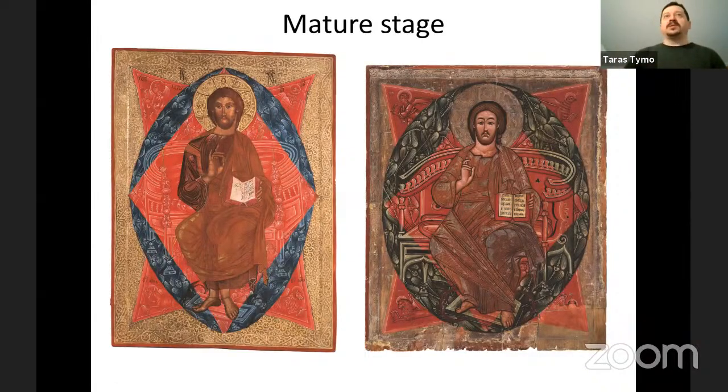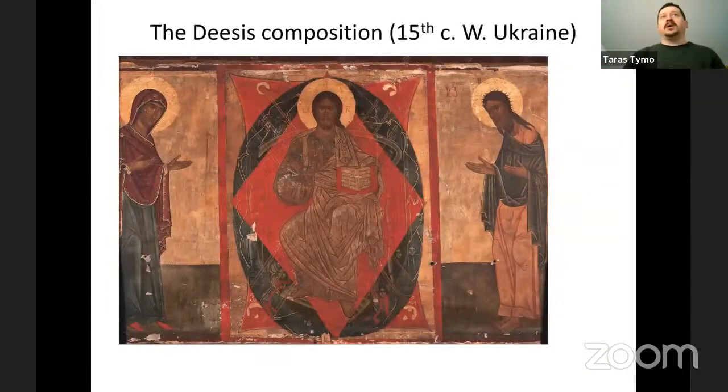The inscriptions in the book can be different, but usually they have something to do with the judgment, because the whole theological underlying idea of this image is the divine judgment, the second coming.